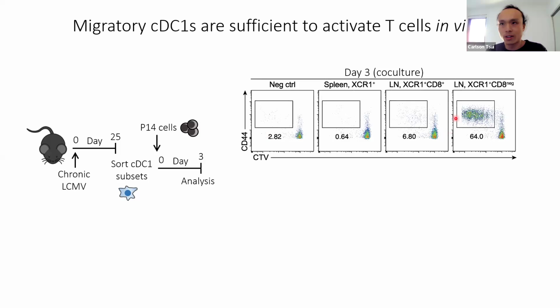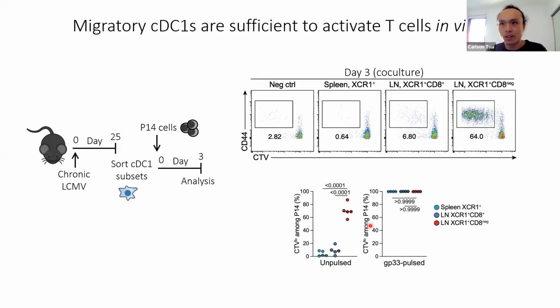And what we found was that the migratory cDC1s, and not the resident cDC1s or the splenic cDC1s, were capable of inducing proliferation of naive T cells in vitro. And this is the quantification here.